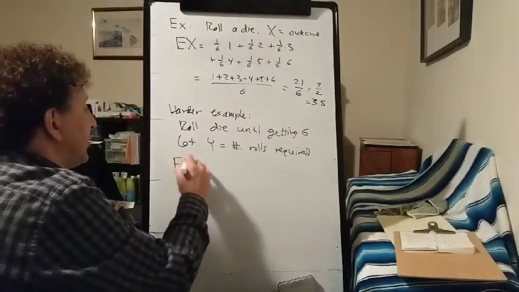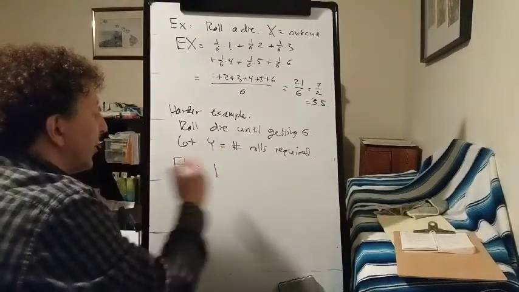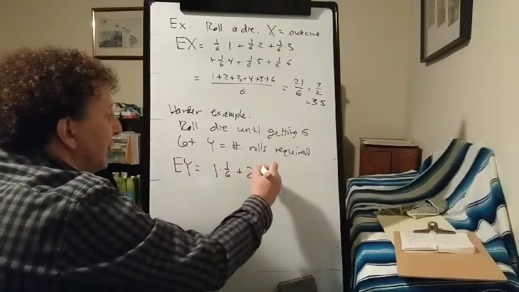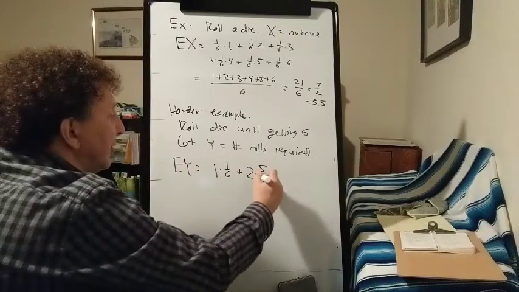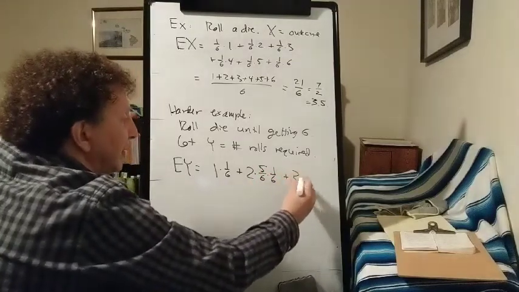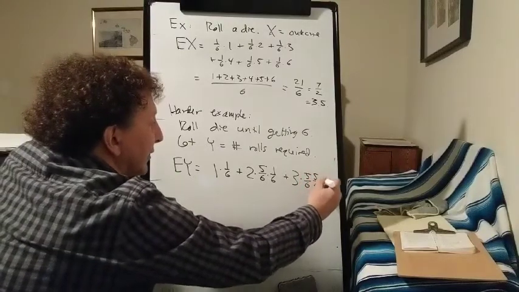So expected value of Y is: it could take one roll with probability 1/6. It could take 2 rolls with probability fail, succeed: 5/6 times 1/6. It could take 3 rolls with probability fail, fail, succeed.